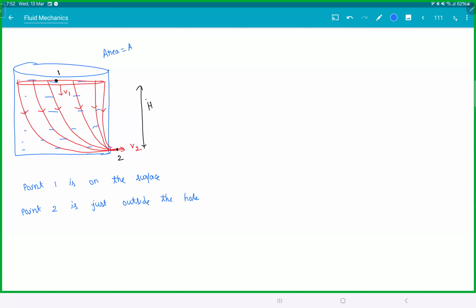So first, using the equation of continuity, A1 V1, that will be A into V1 is equal to a into V2. Second, Bernoulli's equation: P1 plus rho g H1 plus half rho V1 square is P2 plus rho g H2 plus half rho V2 square. Now remember, P1 and P2 should be equal to P0 because both are exposed to atmosphere.